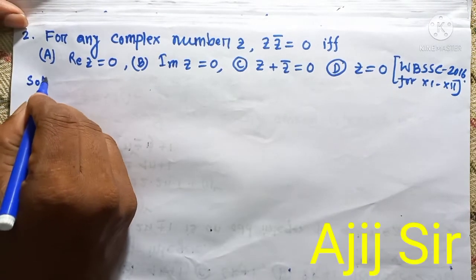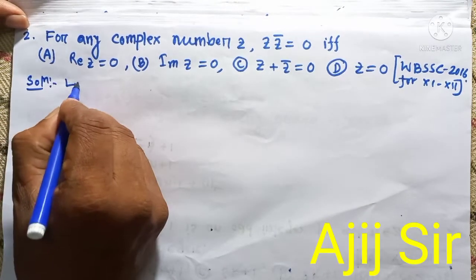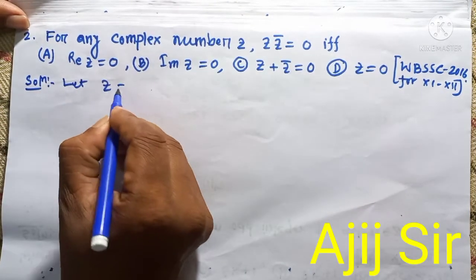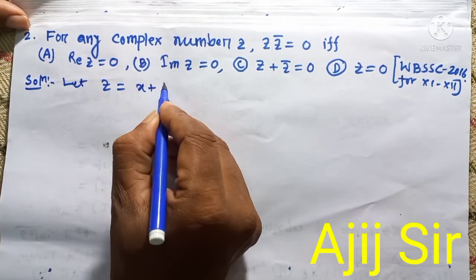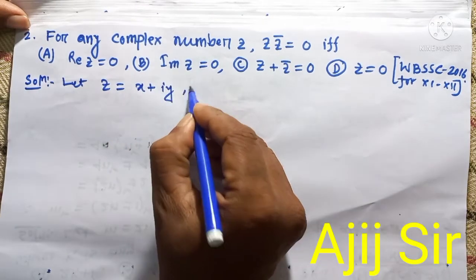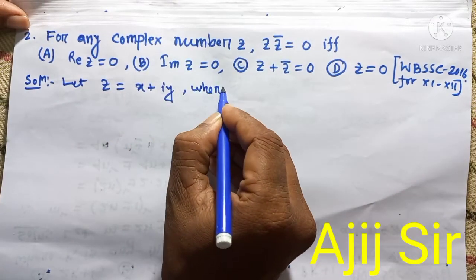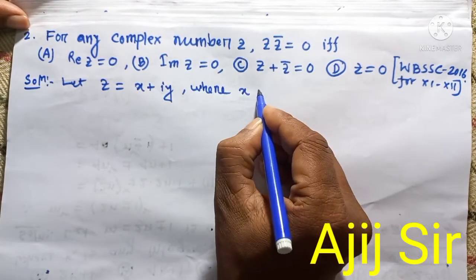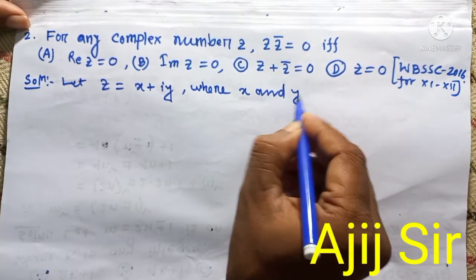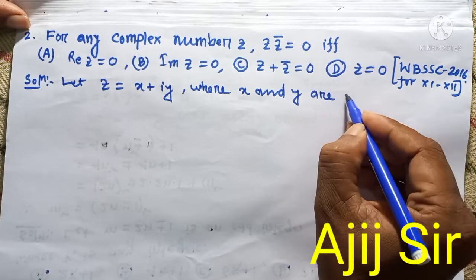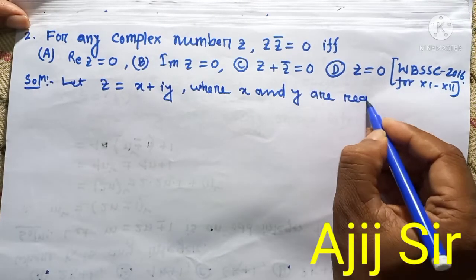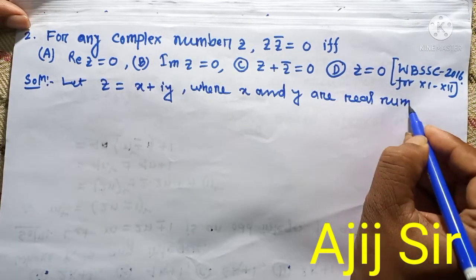Solution: let z equal to x plus iy, where x and y are real numbers.